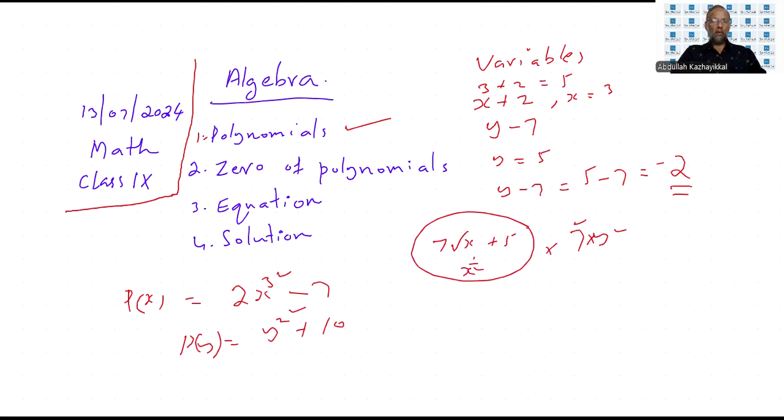So what is a polynomial? A special kind of algebraic expression where exponents of the variable are whole numbers. Maybe 0, that doesn't matter.